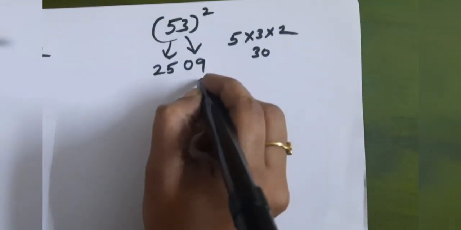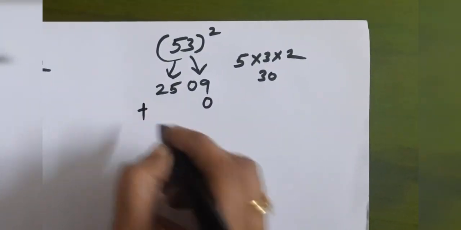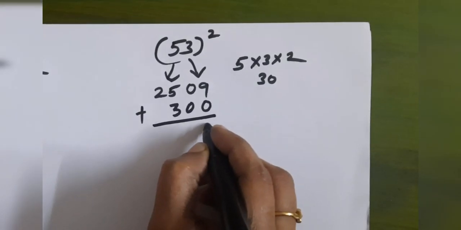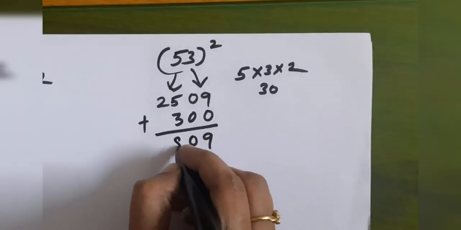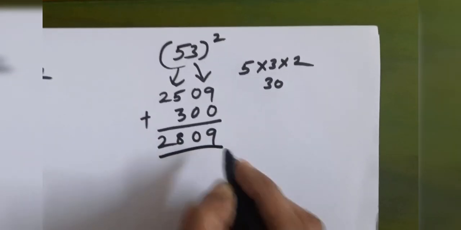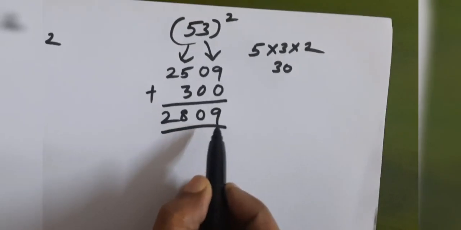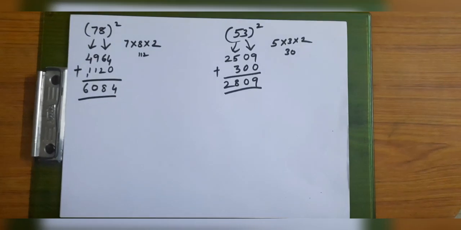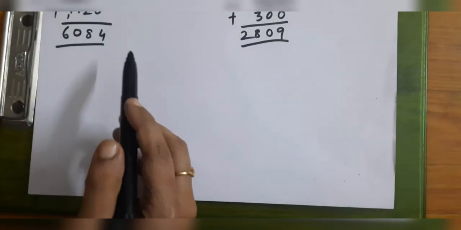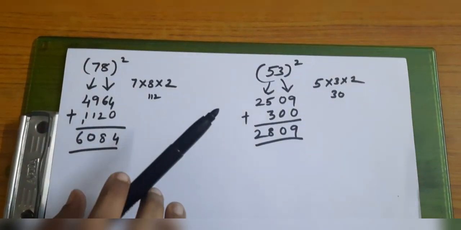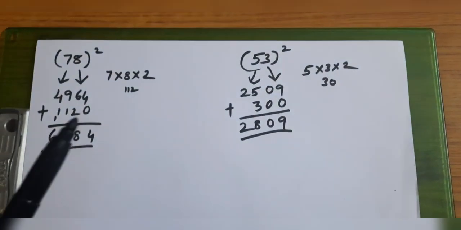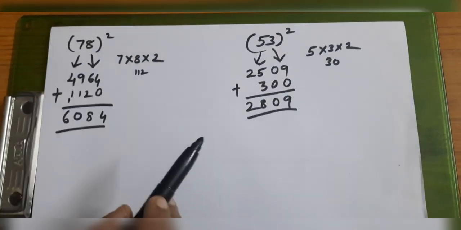So now I have to add one 0 here and write 30. So the answer is 2809. So you can find the square of any 2-digit number in this method, even that ends with 5.